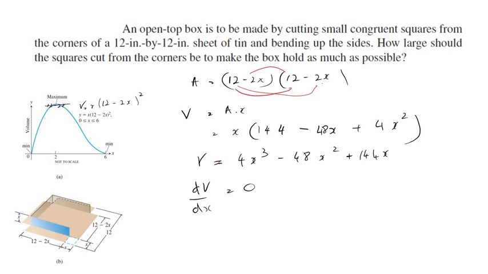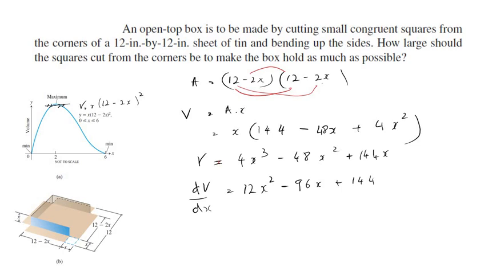So let's do that. When you get dV over dx, it is 4 times 3 is 12x squared, minus 48 times 2 is 96x. You reduce the power by 1, using the power rule here, plus 144.